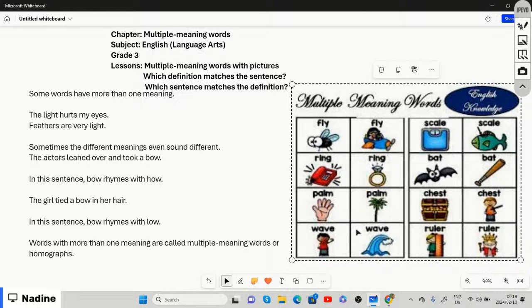Then wave, right? As you can see, the words are the same. The first wave is when you're waving at somebody, raising your arm, greeting, saying hi or saying goodbye. Or the waves in the ocean.